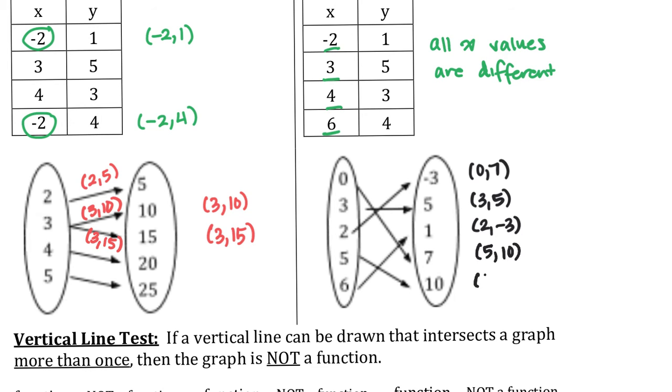And 6 is matching to 1. Okay, now if I look at the ordered pairs represented here, all the x values are different, which is why this is a function.